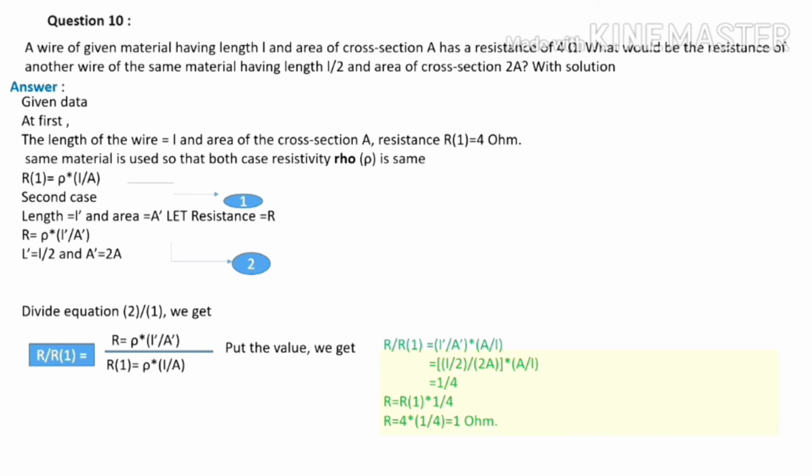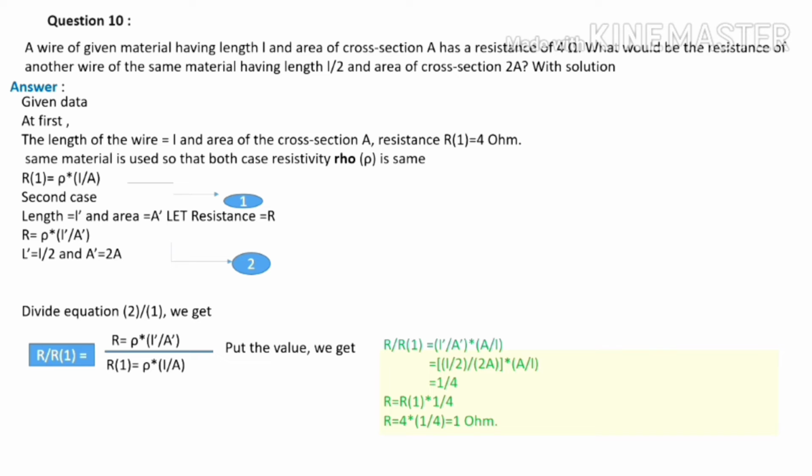Next problem, a wire of given material having length L and area of cross section A has a resistance of 4 ohm. Write down length, area of cross section A, and resistance, suppose R1 is 4 ohm.